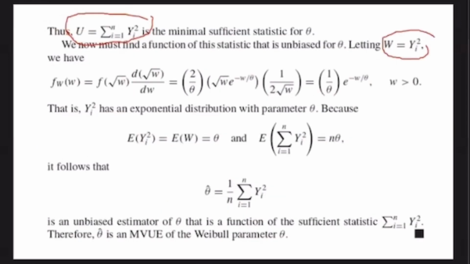Where do I get Y squared? Y squared is part of the sufficient statistic that we derived using the Fisher-Neyman factorization theorem, summation y squared. But right now, we need to investigate its distribution, because if I want to talk about the expected value of y squared, I need the distribution of y squared.